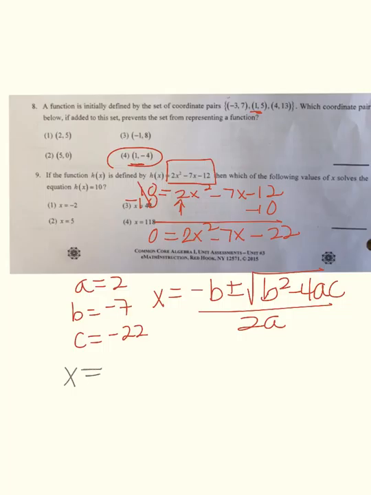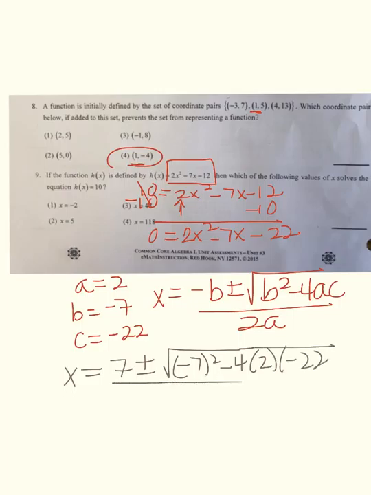So x is equal to positive 7, because we have a negative 7 and when you plug it into negative b, it becomes positive, plus or minus the square root of negative 7 squared minus 4 times 2 times negative 22, all over 2 times 2. Go ahead and do the math. Work on what's under the radical first, and then move towards the outside.